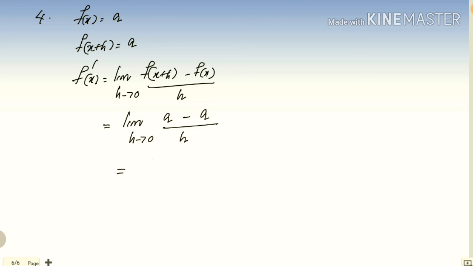Now you can see that it's going to be 0. The numerator is 0 and the denominator is h. The whole thing is going to be 0, right? So we can just write the answer 0.